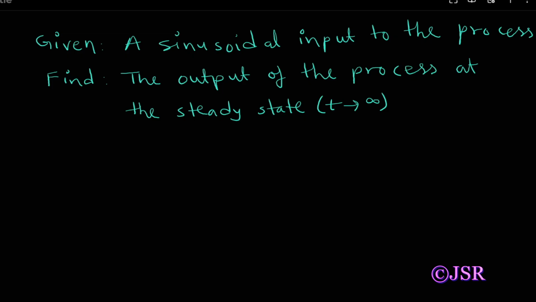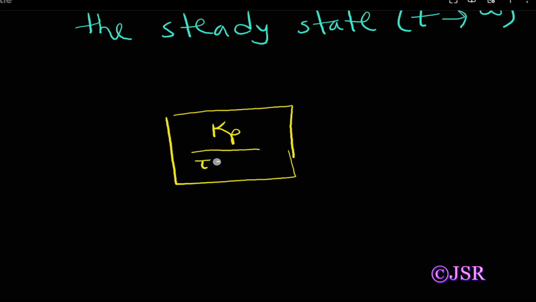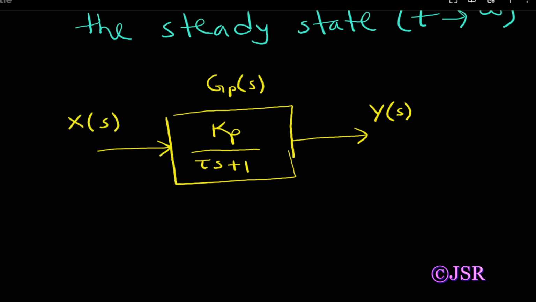So let's begin the problem. Since we have given a sinusoidal input to the process, here we have a model of the process which has a transfer function of Kp upon tau s plus 1, and this is the transfer function Gp of s, and here we have the output of the system in the S domain, that is y of s, and the input of the system in the S domain, x of s.